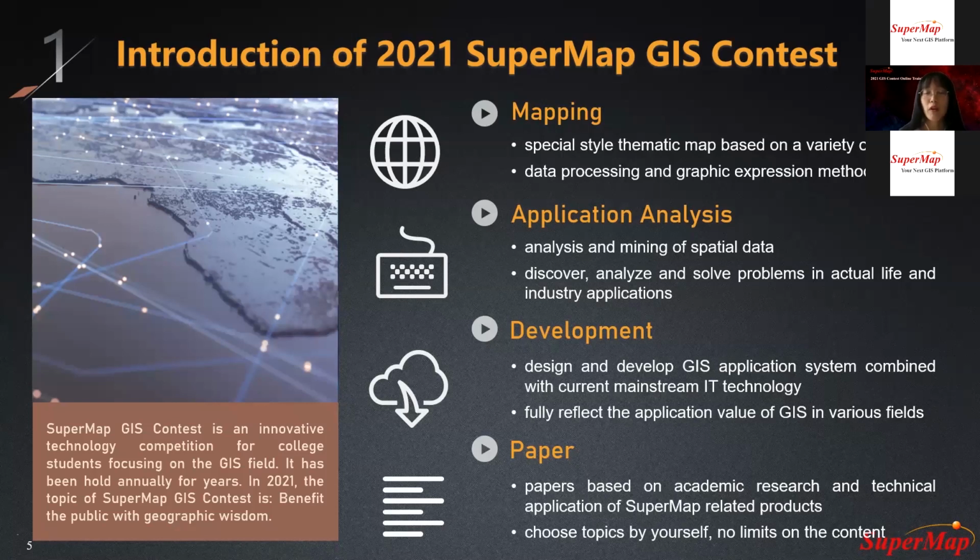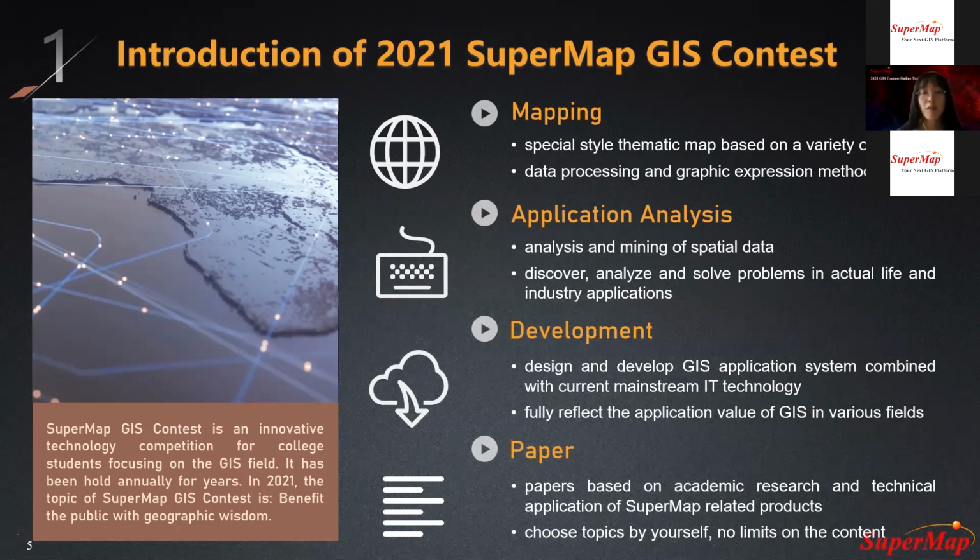This year, the topic of the SuperMap GIS contest is benefit the public with geographic wisdom, and students can take part in this contest as individuals or groups or teams. There are 4 groups you can participate in. First is the mapping group, then the application analysis group and development group, and finally the paper group.